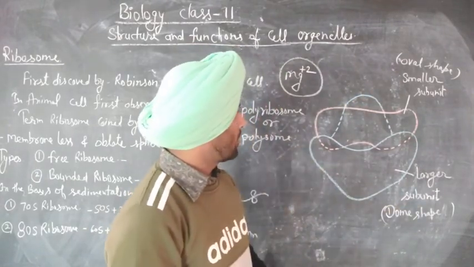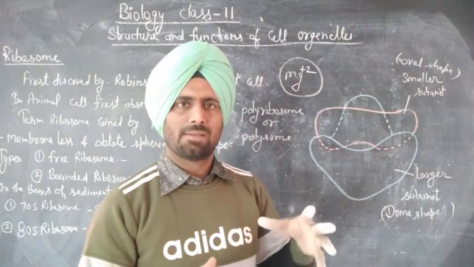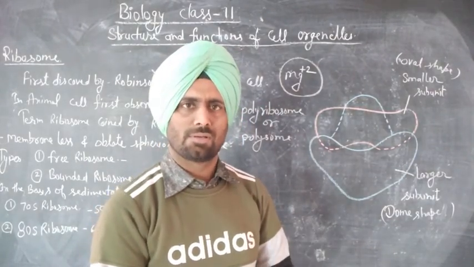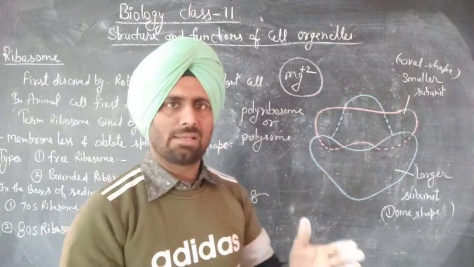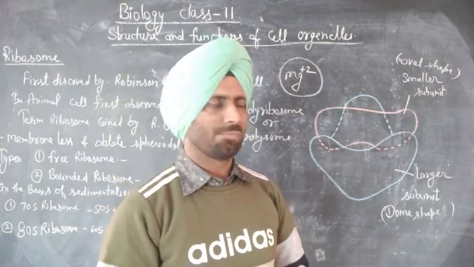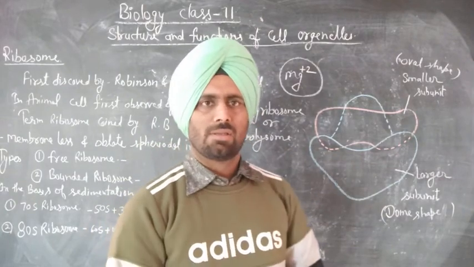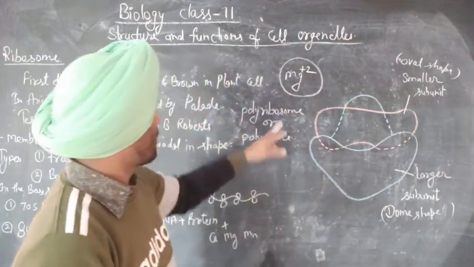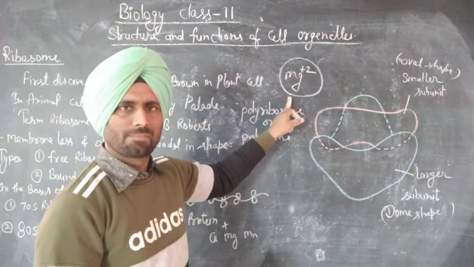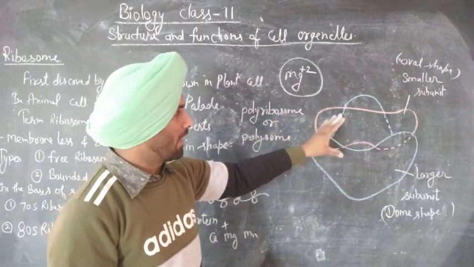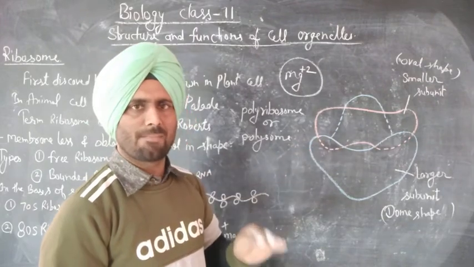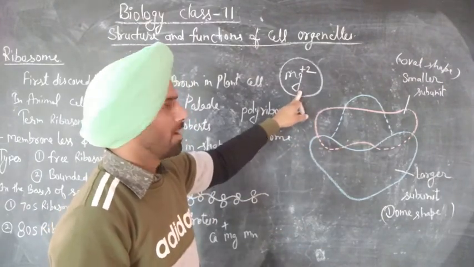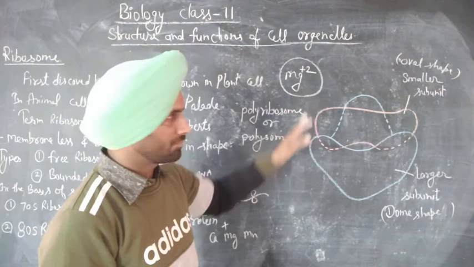The complete ribosome is formed by joining of the two subunits, and the union and dissociation of the ribosome subunits depend upon the concentration of magnesium ion.